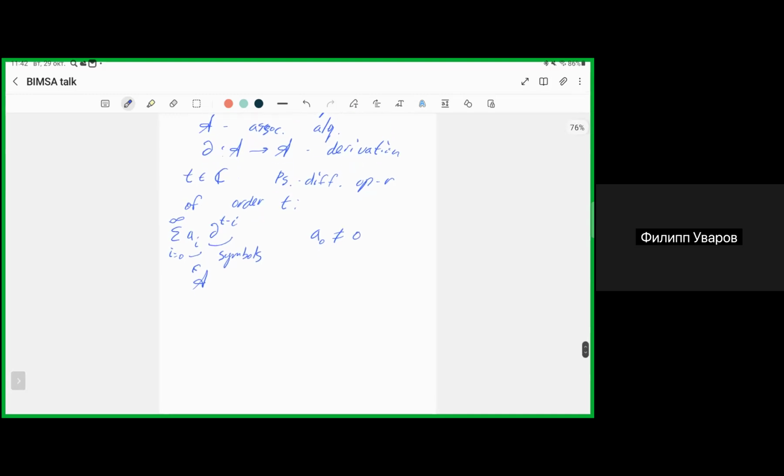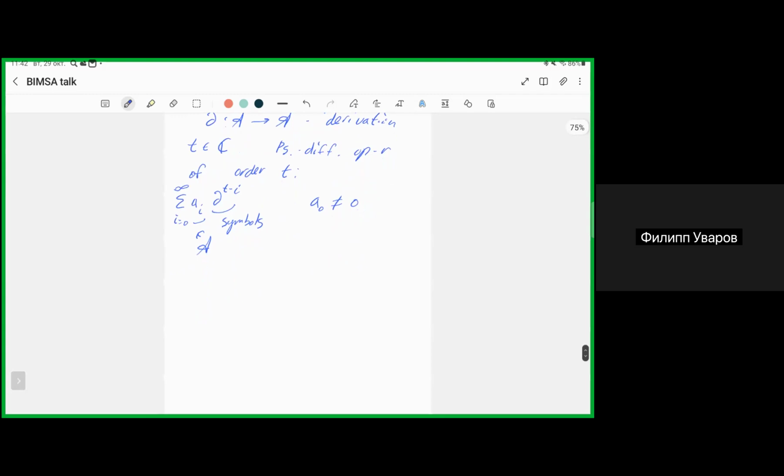What's the use of this? I can make this to be an algebra. I can try to multiply them as series. I just need to define what is this symbol d to some complex power s, and then a. So I need to know how to commute these things.